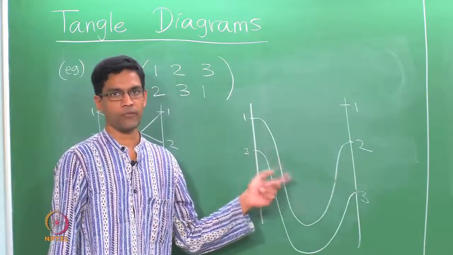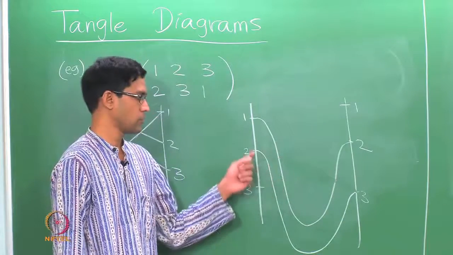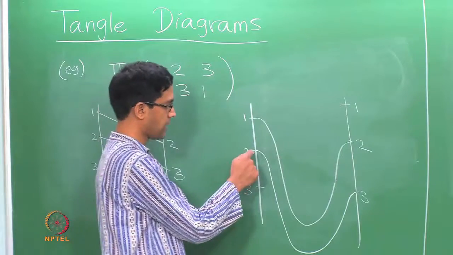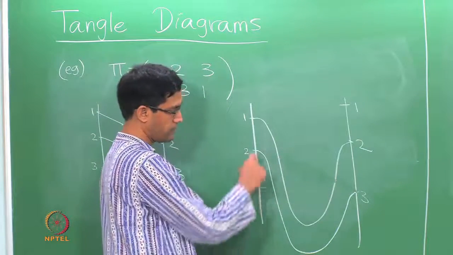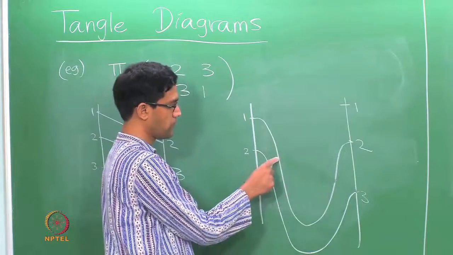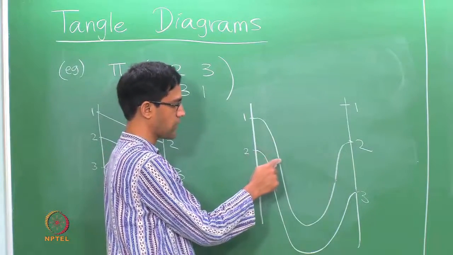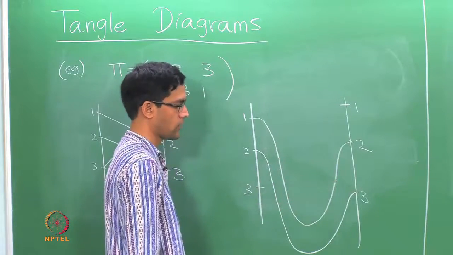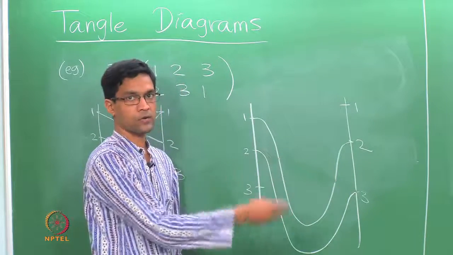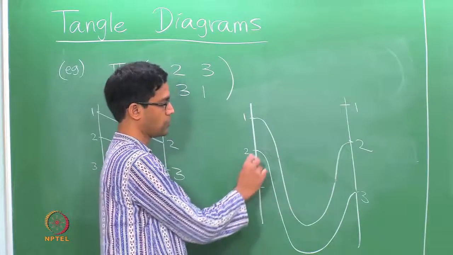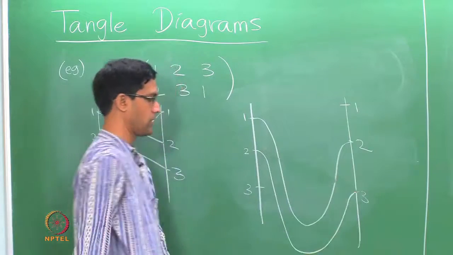Right? There is no way of making it intersect exactly once. You can try drawing this in various ways. If you try to join 2 and 3 by drawing any curve which remains within the two lines, if you hit this first curve once, then you have to hit it once more in order to reach the point 3. Since you are not allowed a double intersection, the only thing you can do is to have no intersection at all. So you have to go, for instance, all the way down.